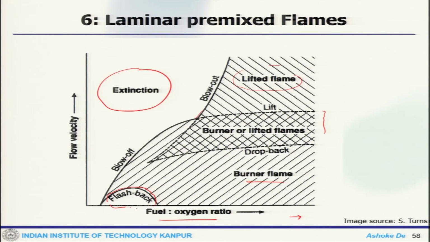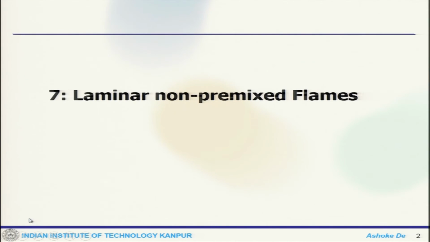So, there are certain limits which these things put on you, and your design should be constrained to these parameters. So, that is pretty much what we wanted to discuss about the laminar premix flame, and we continue now our discussion on the non-premix flame.